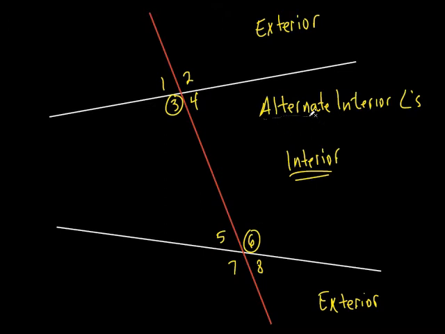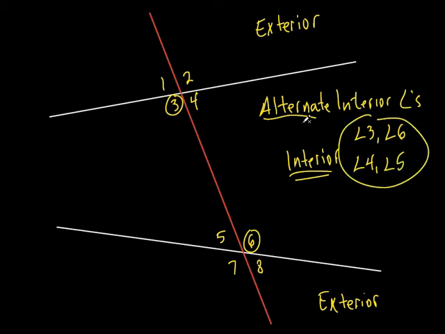But when I say alternate, we mean complete opposites. What's the complete opposite of 3? 6 is. So 3 and 6 go together. What's your other pair of alternate interior angles? Angle 4 and angle 5.